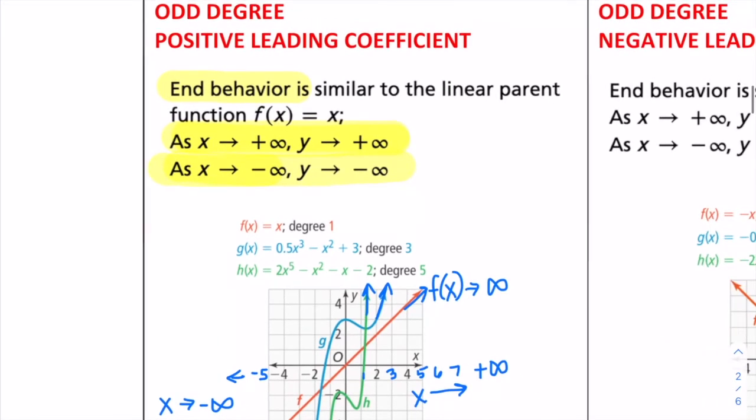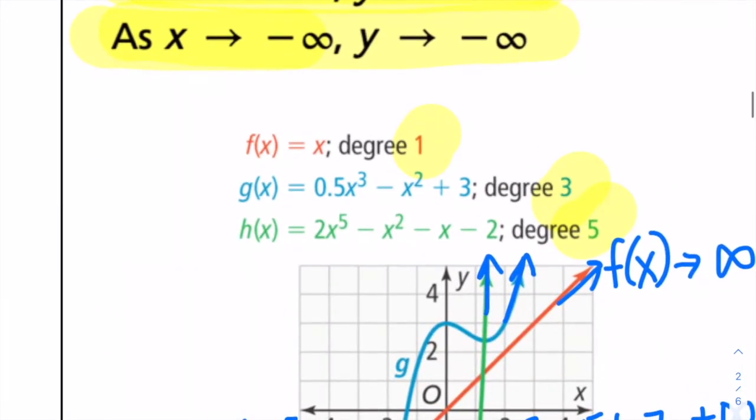So this is when we have an odd degree. Remember we said all of these were odd degrees. And the leading coefficient is positive. So you can see right here, the leading coefficient here for f of x is 1, for g of x is 0.5, and for h of x it's 2.